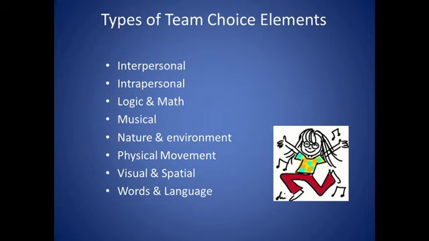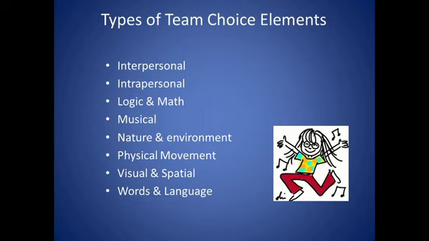So there are 7 different types of, it looks like 8 different types of team choice elements. The most frequently used will be things that are visual and spatial.